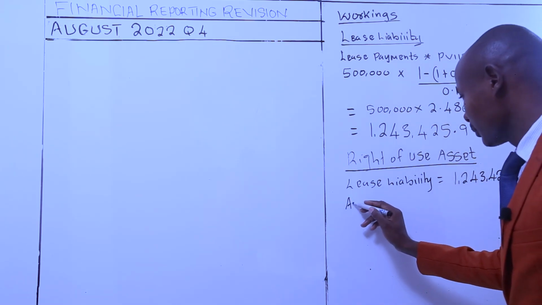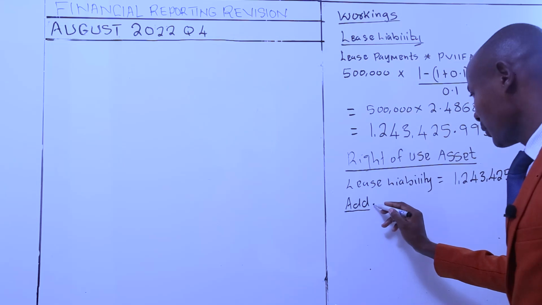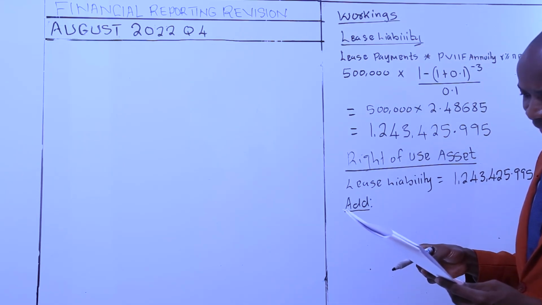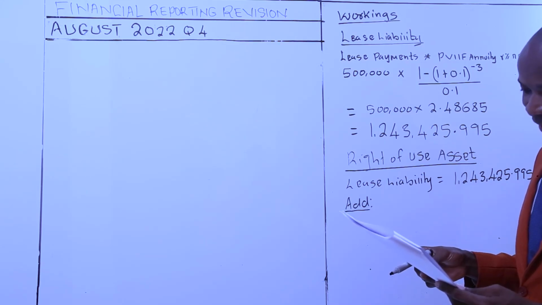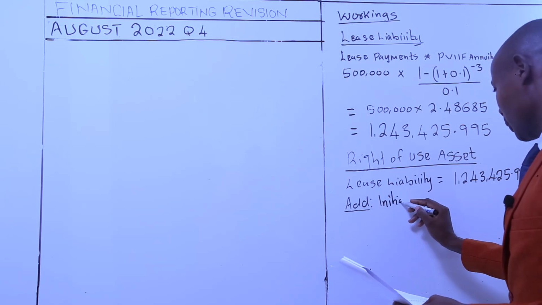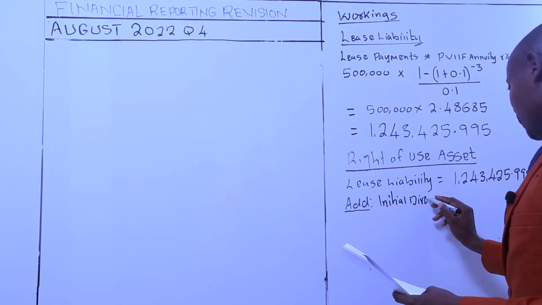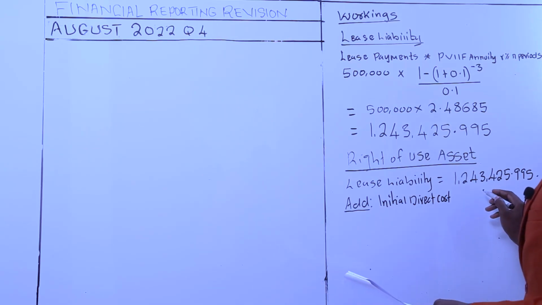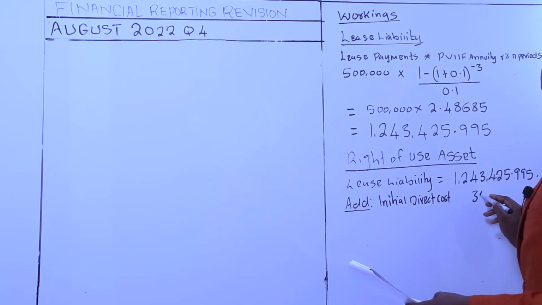To that we want to add the initial direct cost, and the initial direct cost amounted to 30,000.